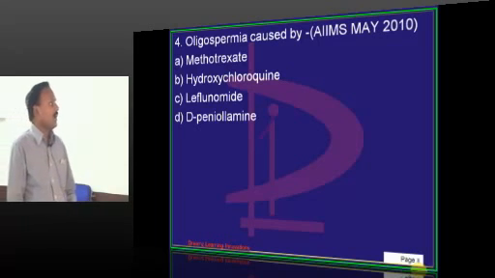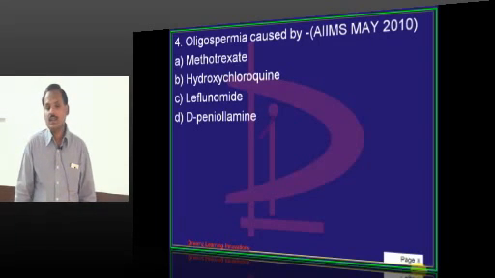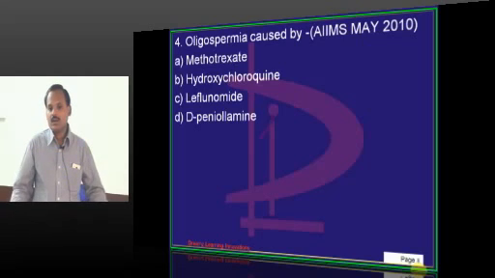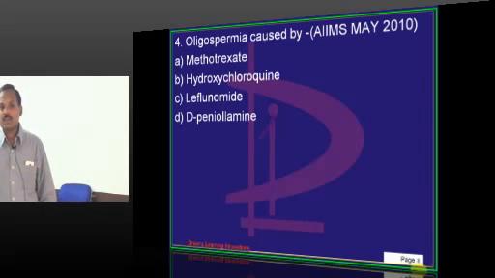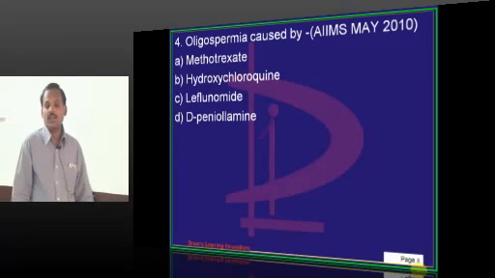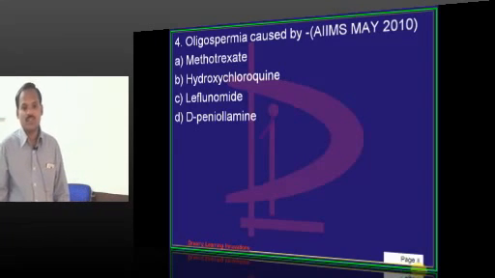Now, D-penicillamine is a chelating agent. It is used for chelation of copper, and it has adverse effects like nephrotic syndrome and pyridoxine deficiency.